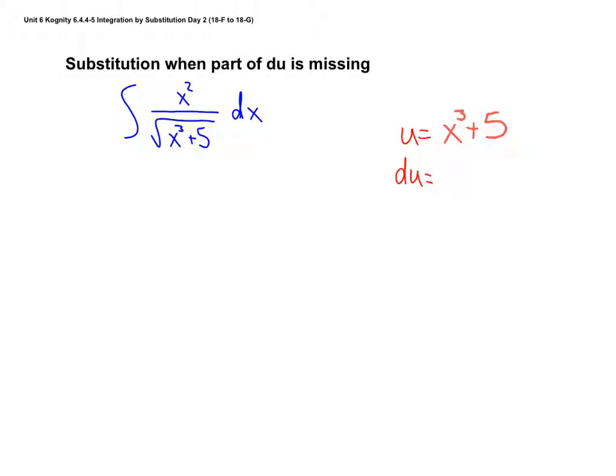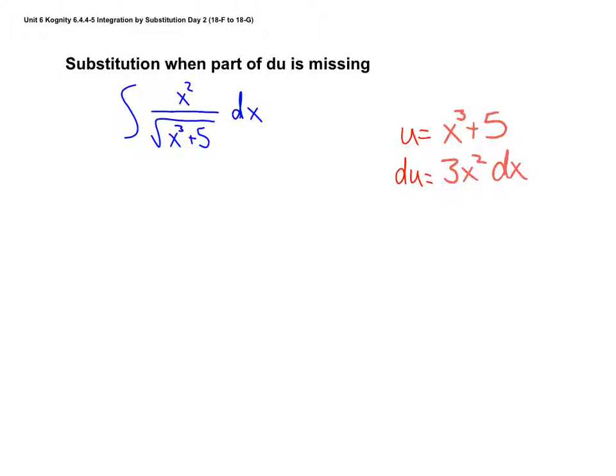And what would that mean we have for du? 3x squared times dx, because it would be du over dx and multiplied by dx on both sides. You can just get into that habit. When you do du, just take the derivative times dx.